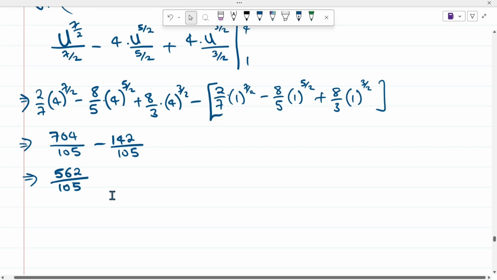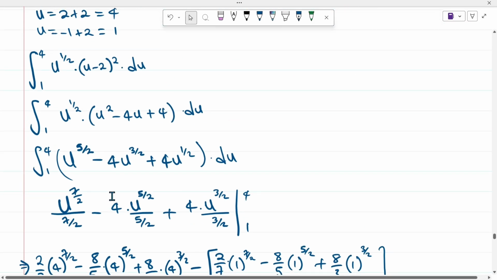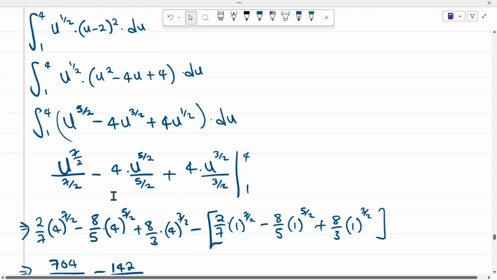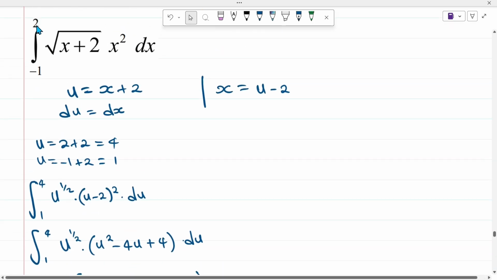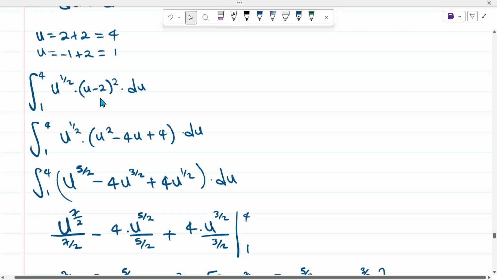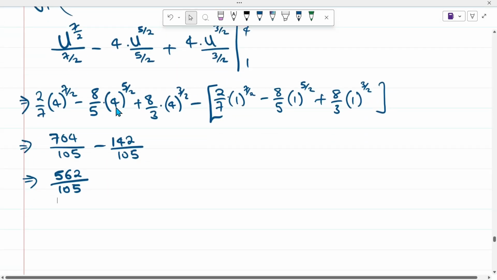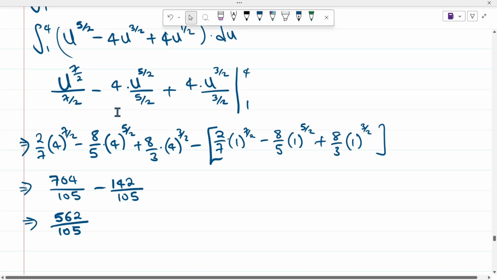So that's it. One could have said that if you didn't want to substitute using the u here, you could have still substituted using x, but the limits that you're supposed to use would be 2 and -1. So that's going to be that.